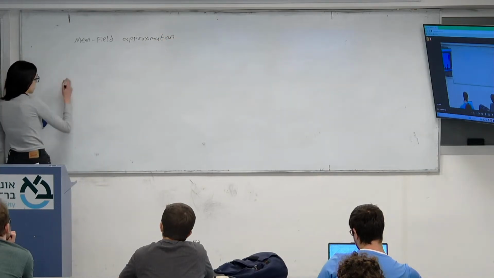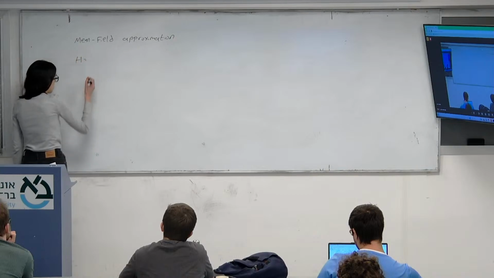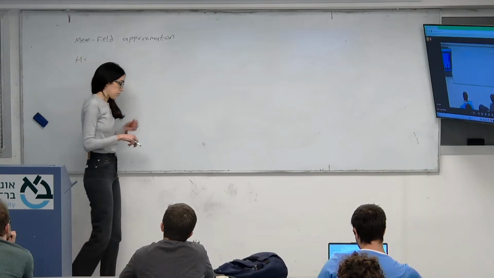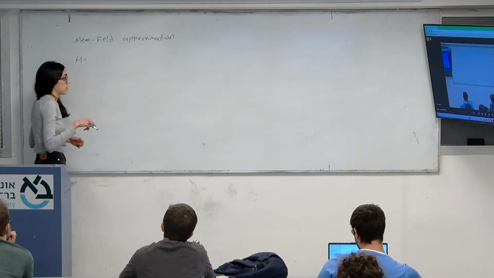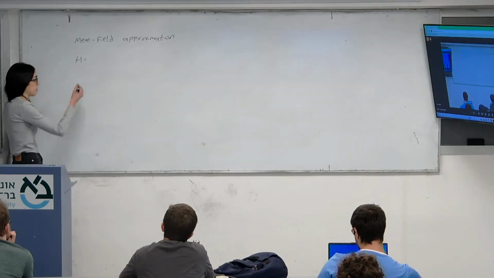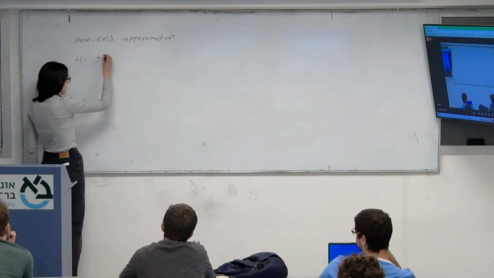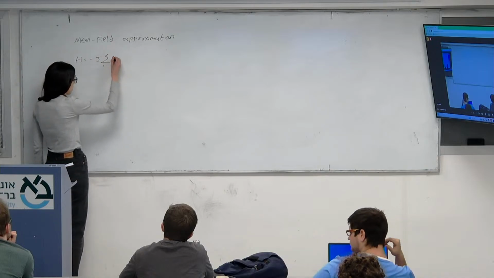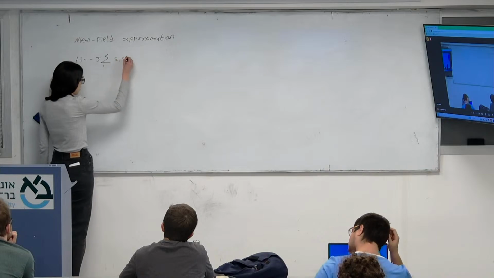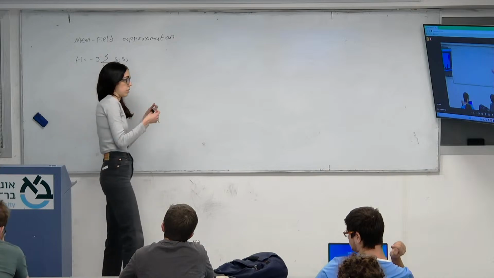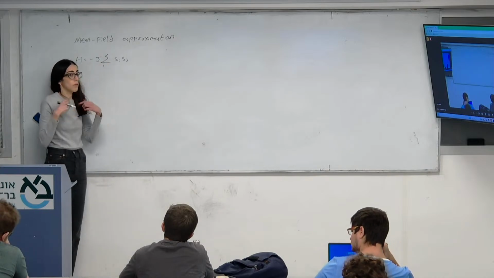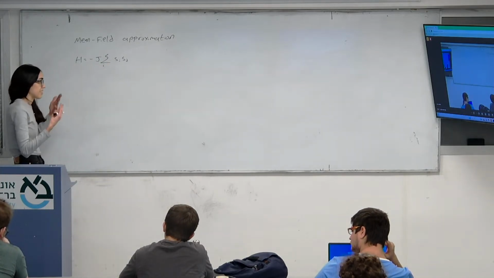Basically what it means is that we have a system with spins, and each spin in the system is connected to any other spin in the system. So when we look at the interaction term, we have Si and Sj. Usually we have nearest neighbors interaction in the one-dimensional Ising model, or even next nearest interaction.